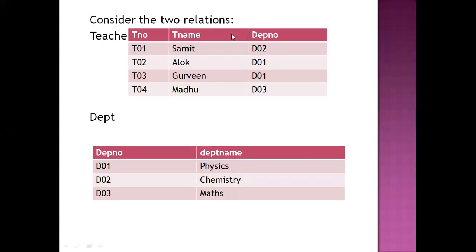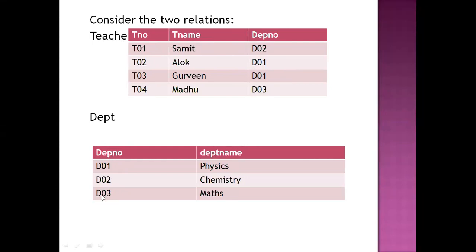See here, two tables are here. One is a teacher table, another is a department table. In this, teacher number is a primary key, and here department number is a foreign key. See here, it can become a foreign key, its value deriving from here.